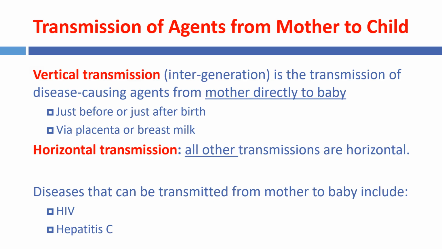This is transmission of disease-causing agents from mother directly to baby, either just before or just after birth, or via placenta or breast milk. Examples for diseases that can be transmitted from mother to baby include HIV and also hepatitis C.